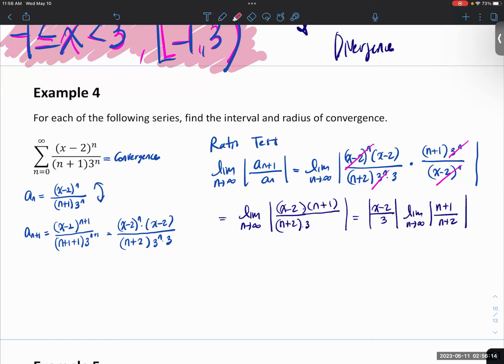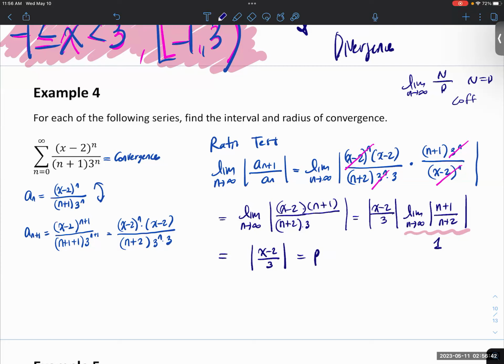We know this is going to be what? The top degree and bottom degree are equal. If you have a limit with top and bottom of the same degree, you take the ratio of the coefficients. So invisible 1 and 1, 1 over 1 is 1. So we have (x minus 2) over 3 times 1, which is your p.